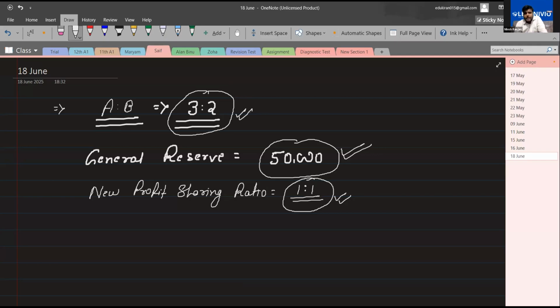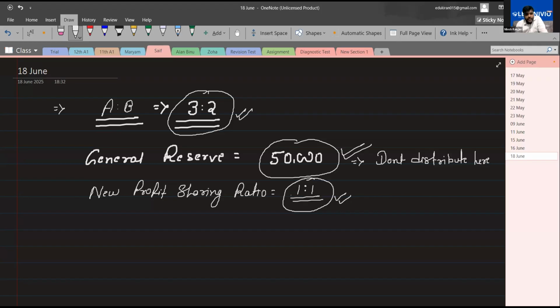Yes, this profit is related to the past, so it should be distributed in the old ratio. Old profit should be distributed in the old ratio. Now, if we don't distribute it here, let me give you one example.